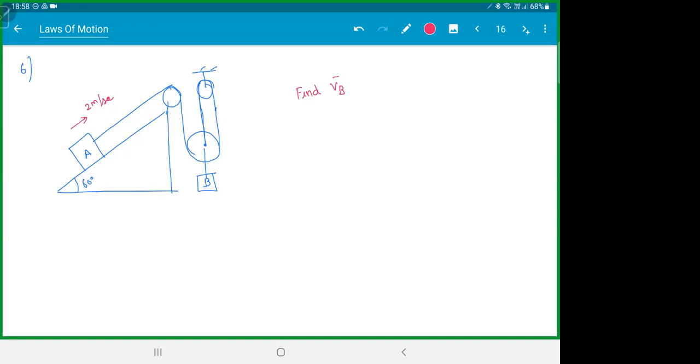Okay, most of you got some number. Let's see. First thing, tension is T. It is the same string. Tension is T, tension is T, and tension is T.